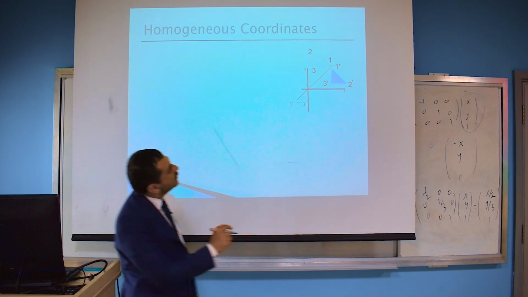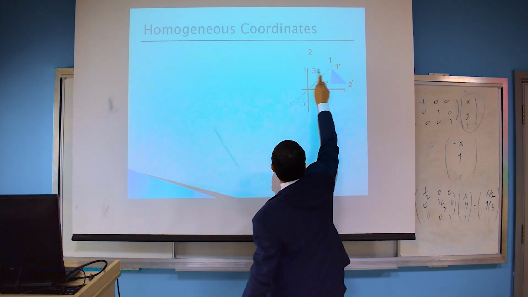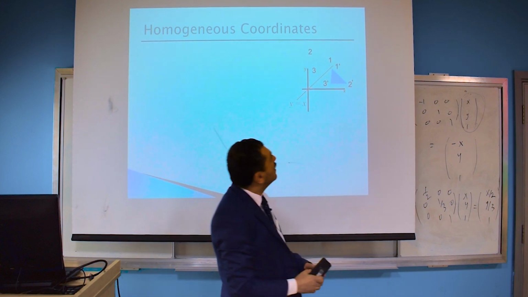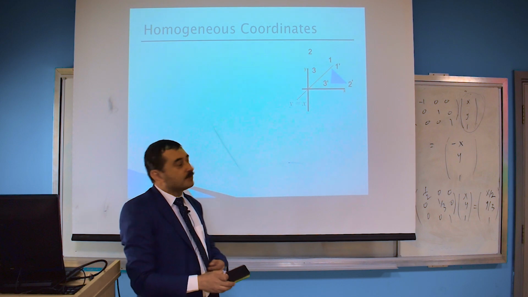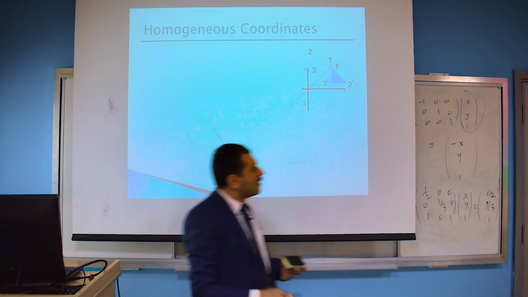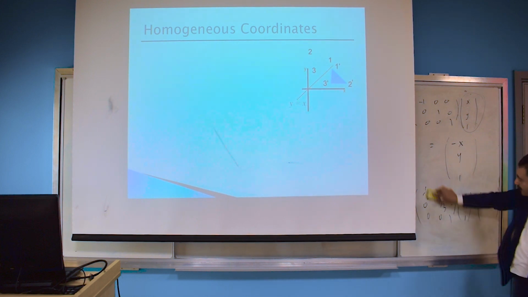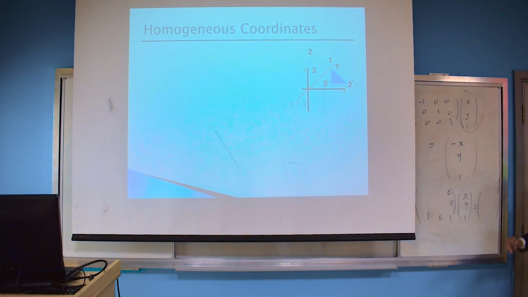So what happened here? This is the original object, and this is the transformed one. You are reflecting about y equal x. So what about these guys? What to write here? 1.